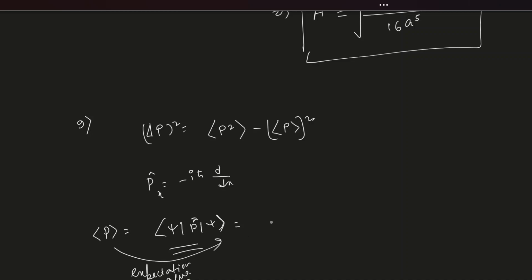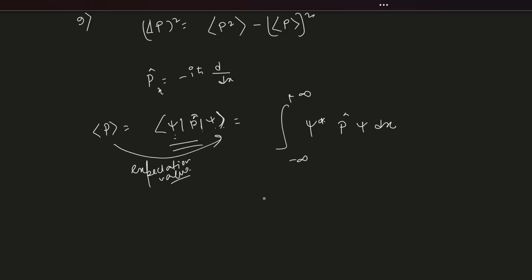To calculate the expectation value, you have to get the wave function, the eigenfunction, take the psi star, that is the complex conjugate of that, then the operator sandwiched in between, which is the P operator in this case, and then the actual, not complex conjugate, original wave function, and integrate from minus infinity to plus infinity. So this is the expectation value formula.